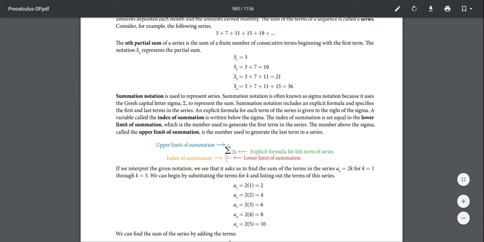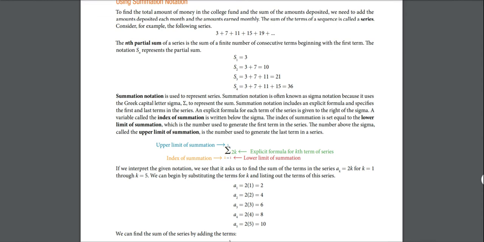Because basically the first term number, you could say, goes here. This is called the lower limit of summation, but basically the first number you're going to plug in for k goes here, and then the last number goes here.